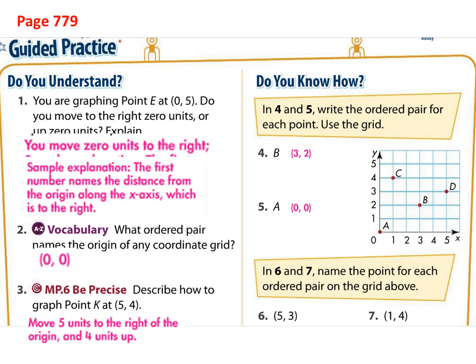Of course, we must run 5 steps, then rise 3 steps. So this ordered pair represents the point D. So D is the correct answer. Question 7, 1, 4. So run 1 step to the right and rise 4 steps. So this ordered pair represents the point C. So C is the correct answer.